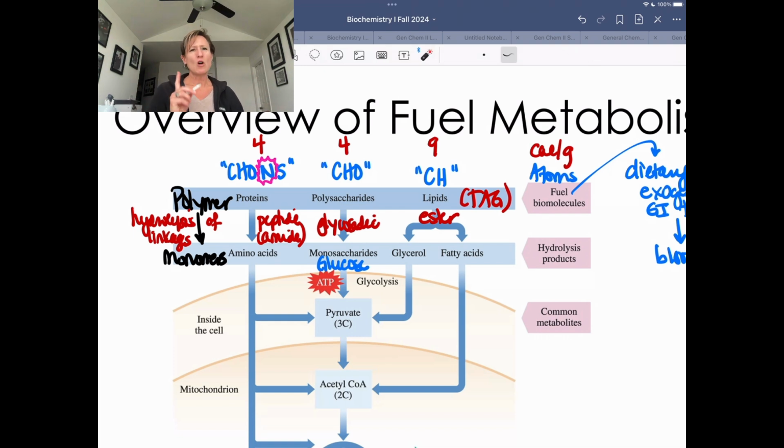What we're going to now talk about, and we've already watched that short video, is the 30,000 foot view of 4 important metabolic steps. We've got glycolysis, pyruvate dehydrogenase chemistry, the citric acid cycle, and then electron transport and oxidative phosphorylation. We're going to see how those all come into play here.